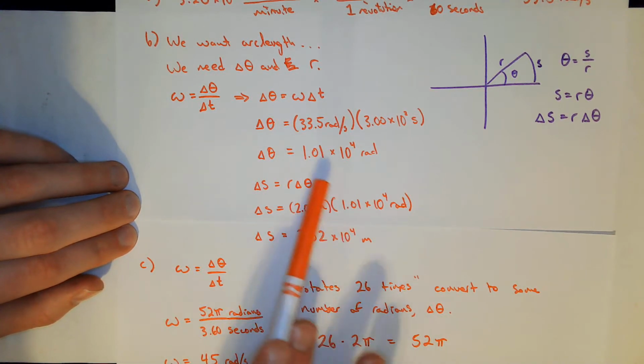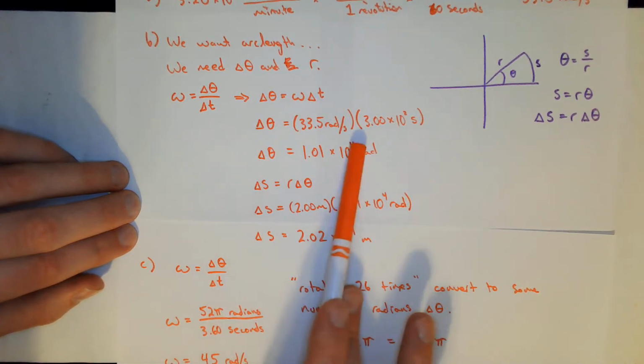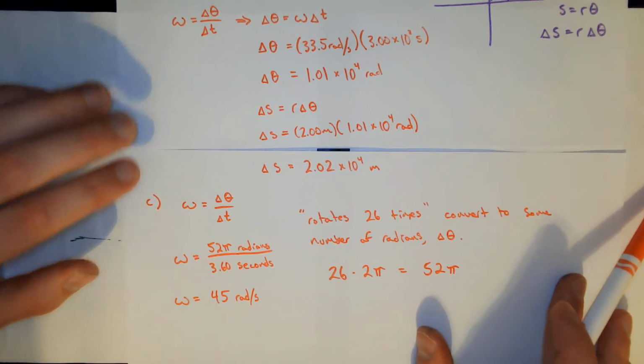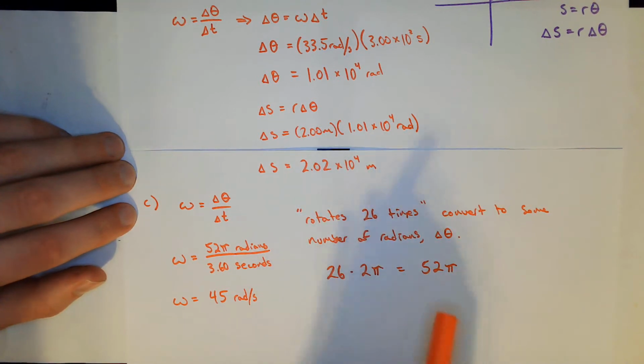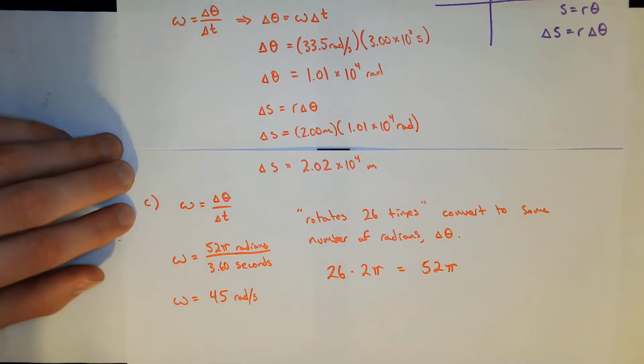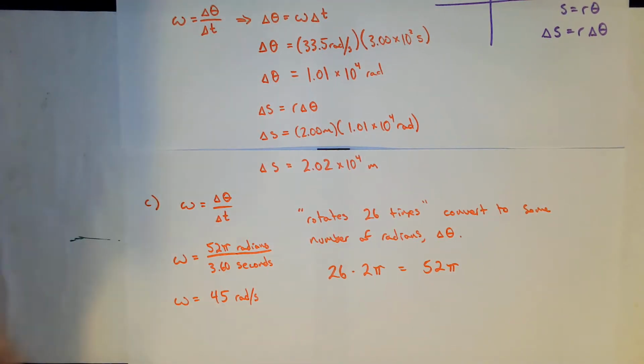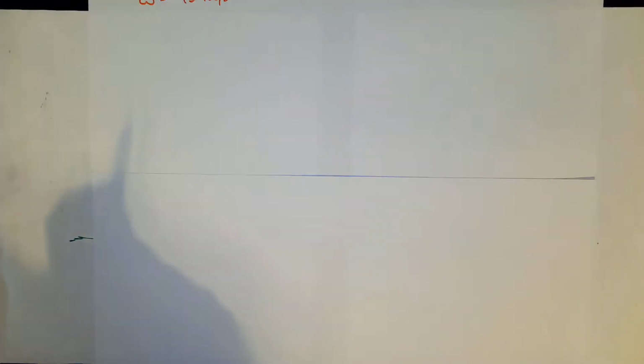But part C was back again to talking about number of rotations, getting from a rotation to radian measure. Because we always talk about angular velocity in terms of radians, instead of revolutions, we need to get to radian measure.